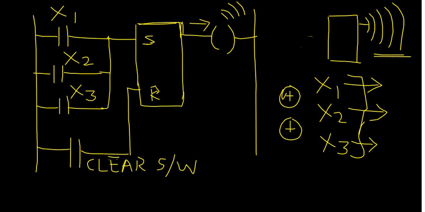But how that is taken care of doesn't come under our jurisdiction here, so that has to be properly designed and ultimately represented in the form of a switch only, right?